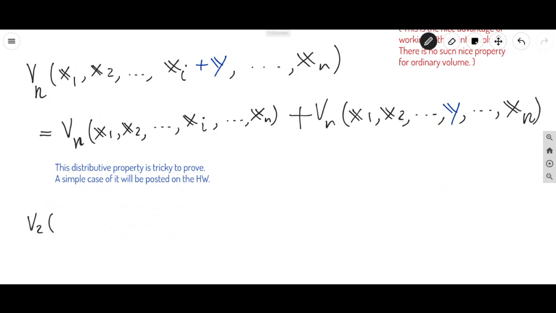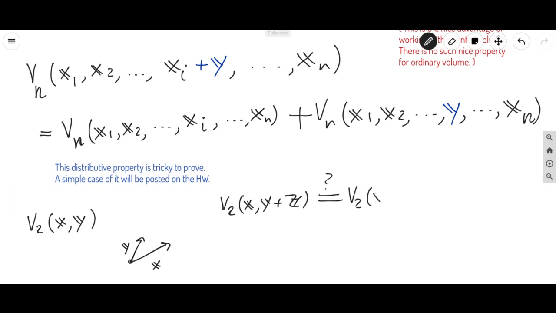So if you calculate v2 of x comma y, here's the way the picture looks like. Here's x, here's y, okay? And now let's suppose you have v2 of x, y, and let's suppose we add to it a vector z. Then the distributive property would say, this is the question, why is this true? It's supposed to be equal to v2 of x comma y plus v2 of x comma z.